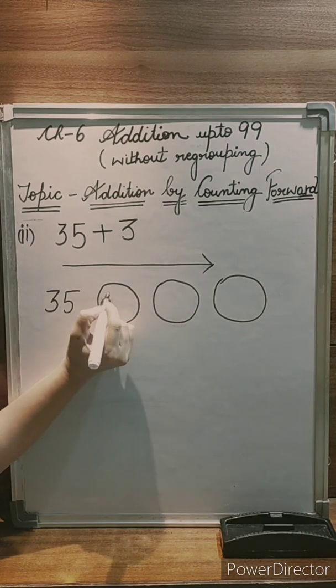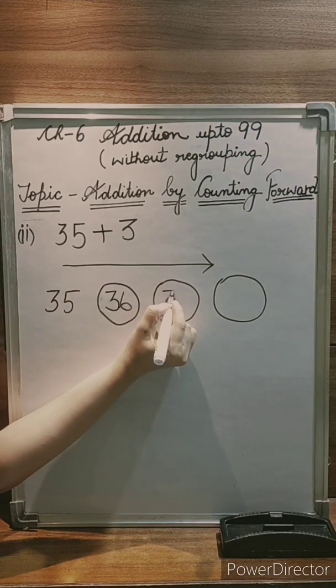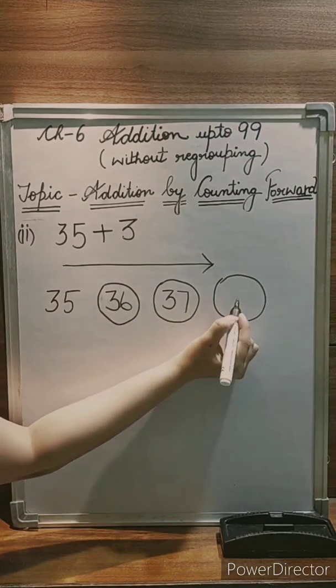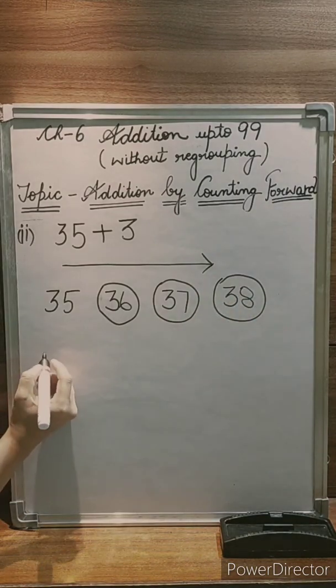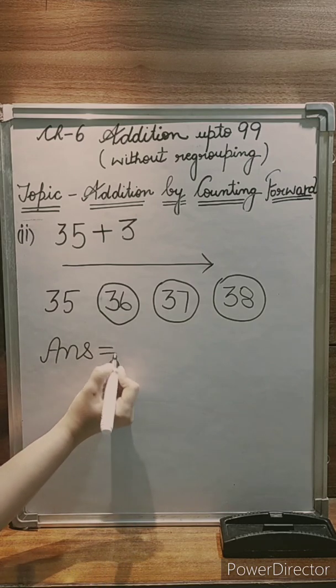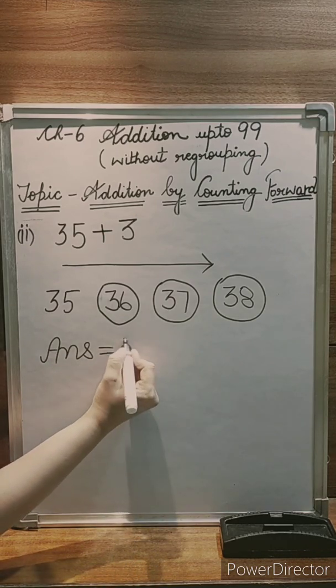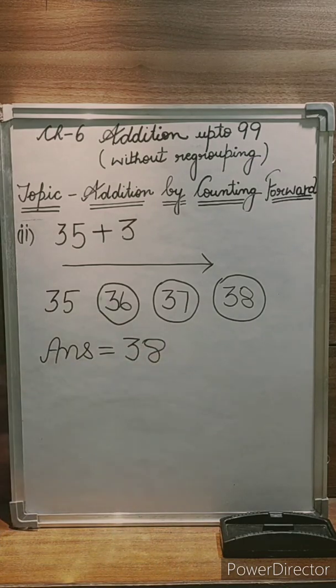What will come here? 36, 37, 38. So what will be the answer? 35 plus 3, it will give you 38 as the answer.